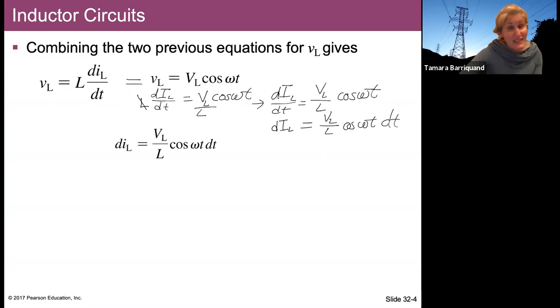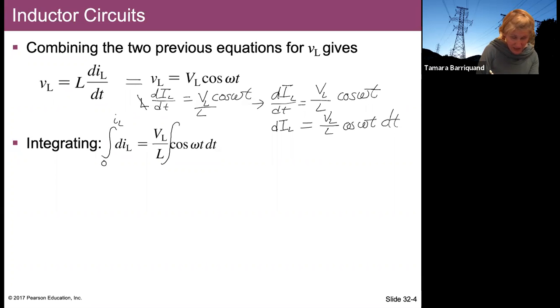Now what I can do is integrate both sides. I'm going to integrate this side from 0 to i sub L, and I'm going to integrate the other side just from 0 to t. That is rewritten here.